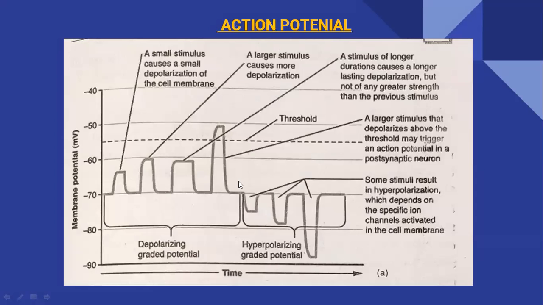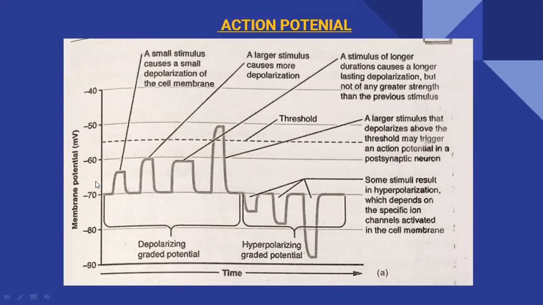Now coming to the action potential, how is it generated? In an oscilloscope, we can see that when the neuron is not doing anything, the minus 70 millivolts condition can be seen. On the x-axis, time is taken.